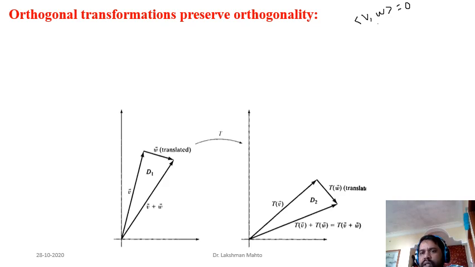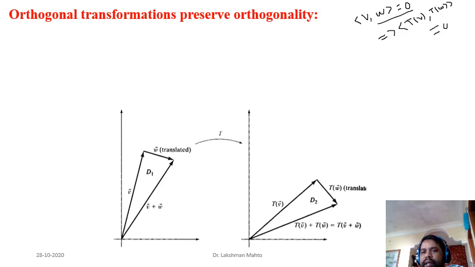in terms of inner product, the inner product of v with w is 0. Then we can claim that the inner product of the corresponding images, that means the dot product of Tv with Tw, would also be 0.